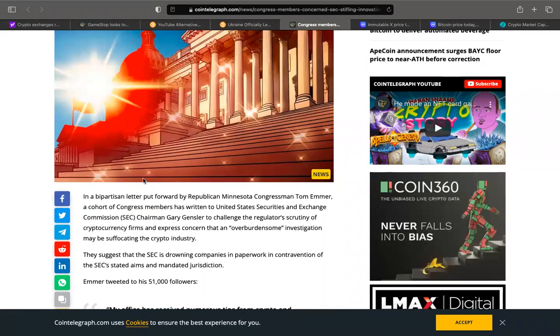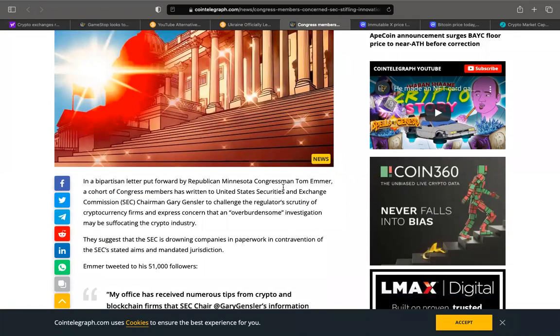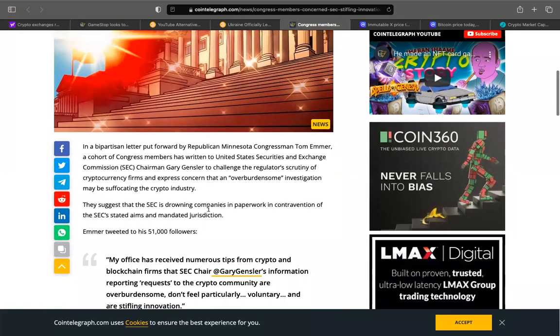So this letter was put forth by Republican Minnesota Congressman Tom Emmer, and 7 other members of Congress, to the Security and Exchange Commission, the SEC, and Gary Gensler, and they really want to challenge how this has been going down. And they've got a great quote here.